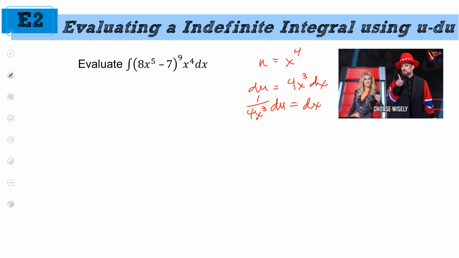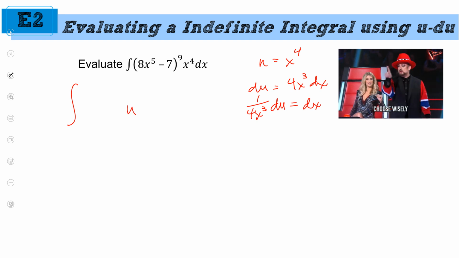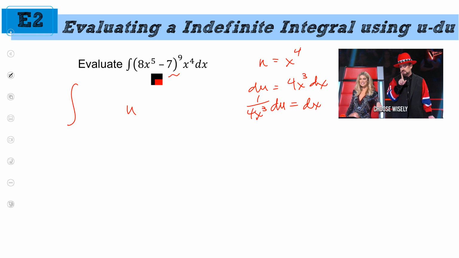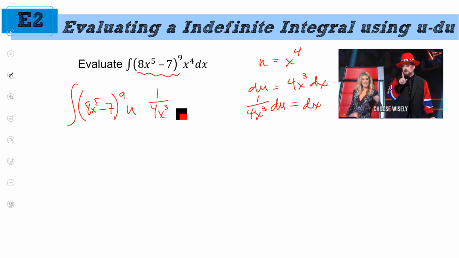I forget what step I'm on. 4? Step 4, substitute. Okay, so this becomes, well, that becomes a u. I have nothing to sub in here, so I have to bring that down. And I know that dx is 1 over 4x cubed du.